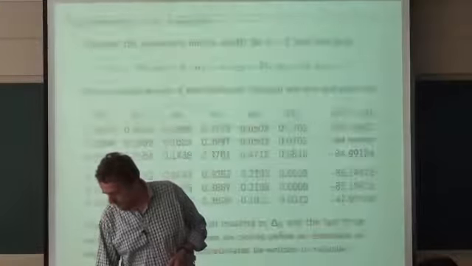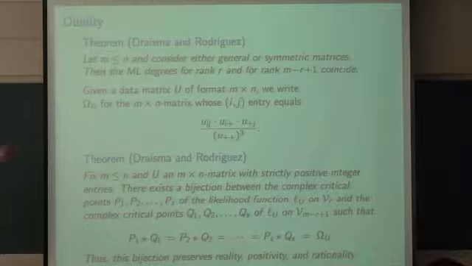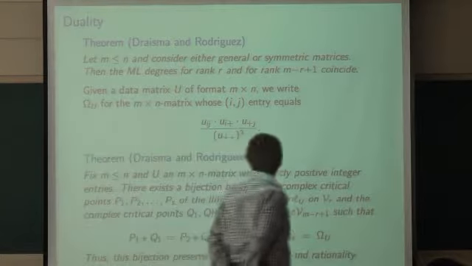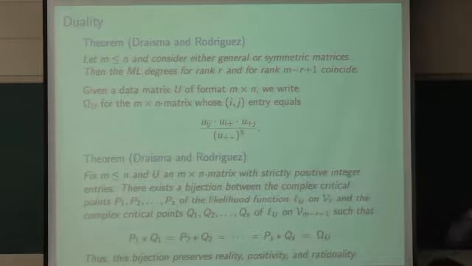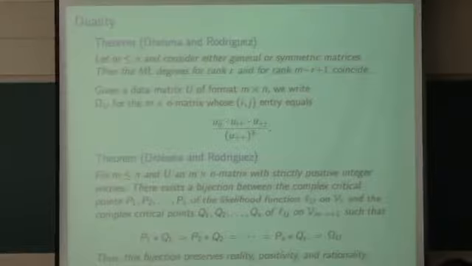Okay, so let's explain the duality. Two theorems. In the first paper, this was a conjecture, and then Draisma and Rodriguez proved it. The first version is just a simple numerical version. Suppose M is less than or equal to N, and consider either general or symmetric matrices.